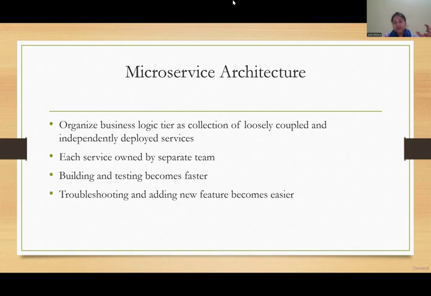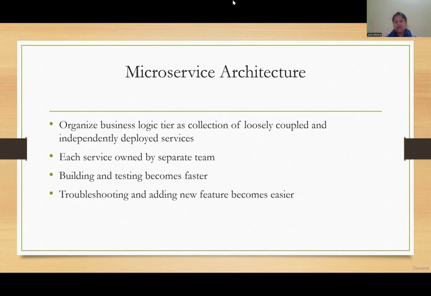One sprint team for things related to user service, one for product service, one for notification, etc. So how does dividing it into a collection of loosely coupled services help? Now building and testing is very fast. There is a separation of responsibility, and also troubleshooting and adding features.